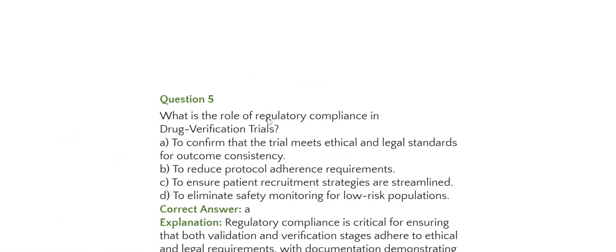Question 5. What is the role of regulatory compliance in drug verification trials? A, to confirm that the trial meets ethical and legal standards for outcome consistency. B, to reduce protocol adherence requirements. C, to ensure patient recruitment strategies are streamlined. Or D, to eliminate safety monitoring for low-risk populations.